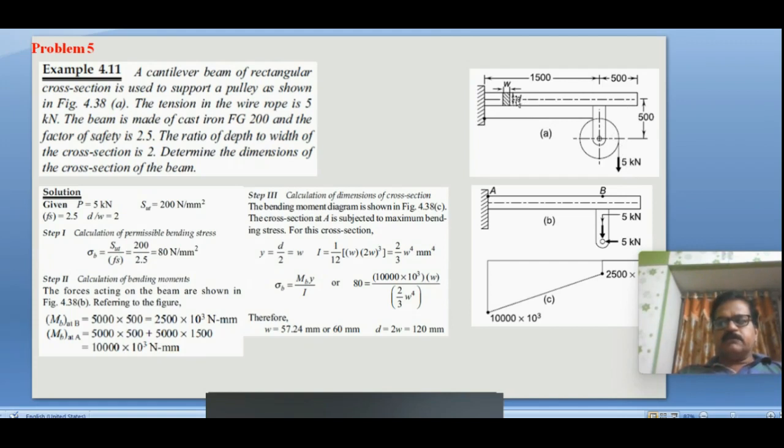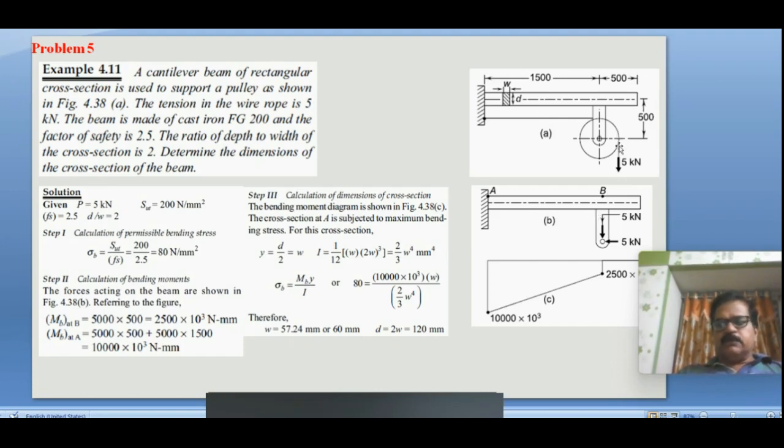Its cross section is rectangular, with width w and depth d, and up to the center of the pulley the distance is 1500 from the fixed end, and there is another 500 beyond the center of the pulley in the horizontal as well as in the vertical direction as shown in the figure.